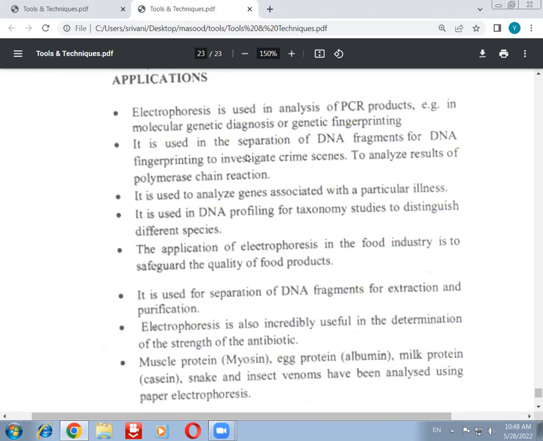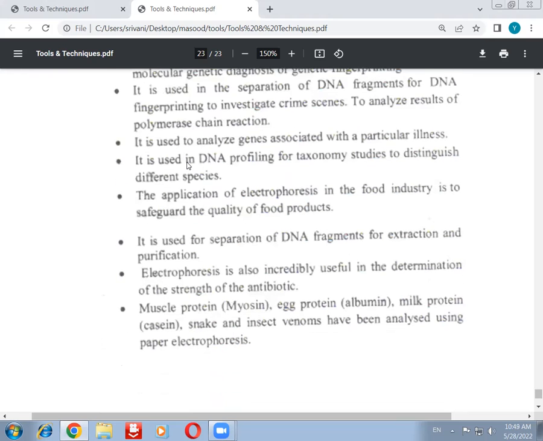It is used for the separation of DNA fragments for DNA fingerprinting, in crime science investigation. Next, it is used to analyze genes associated with a particular illness. What is the reason for that illness? We can find it, for example in sugar patients and cancer patients, and which type of organ is affected.